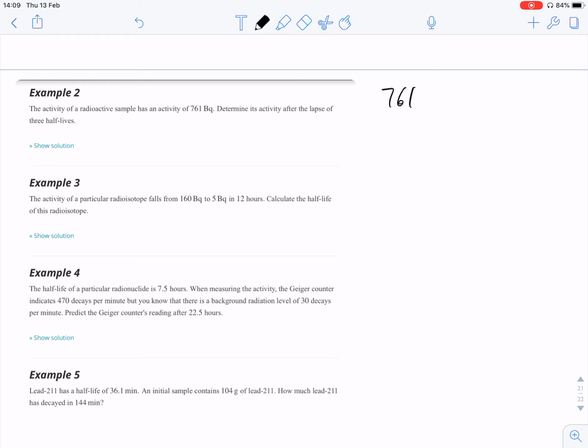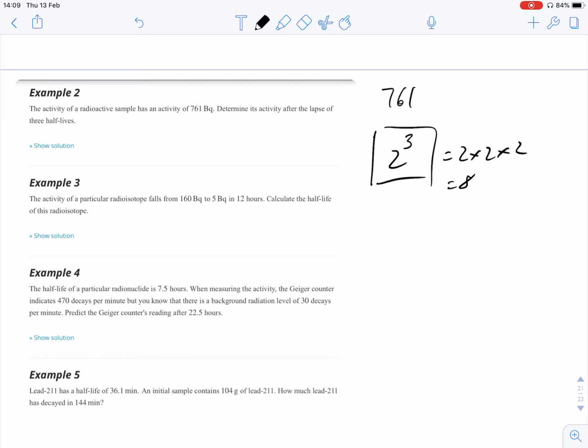So it's actually 3 times, oh no, not 3 times 2. This is where it's going to mess you up a little bit. It's 2 to the power of 3. 2 to the power of 3 is 2 times 2 times 2, which is 8.